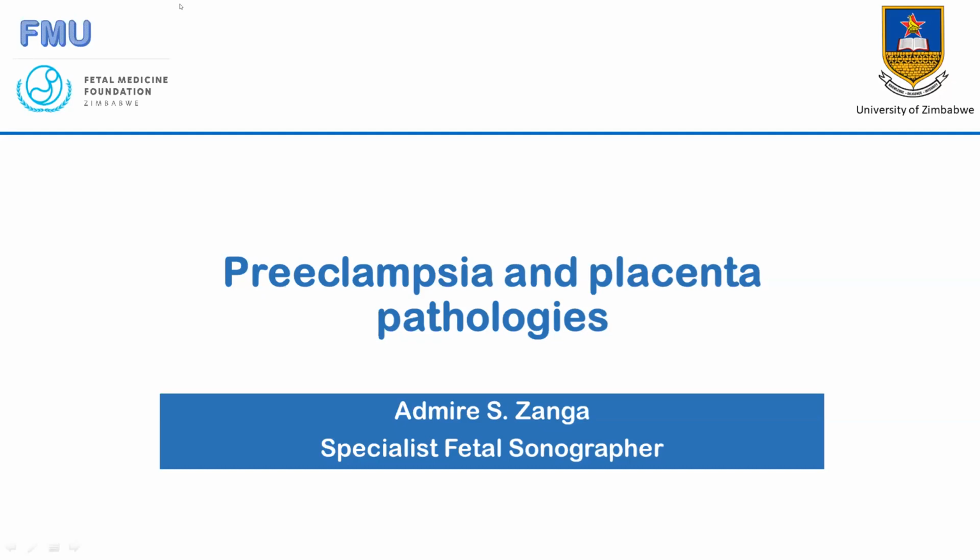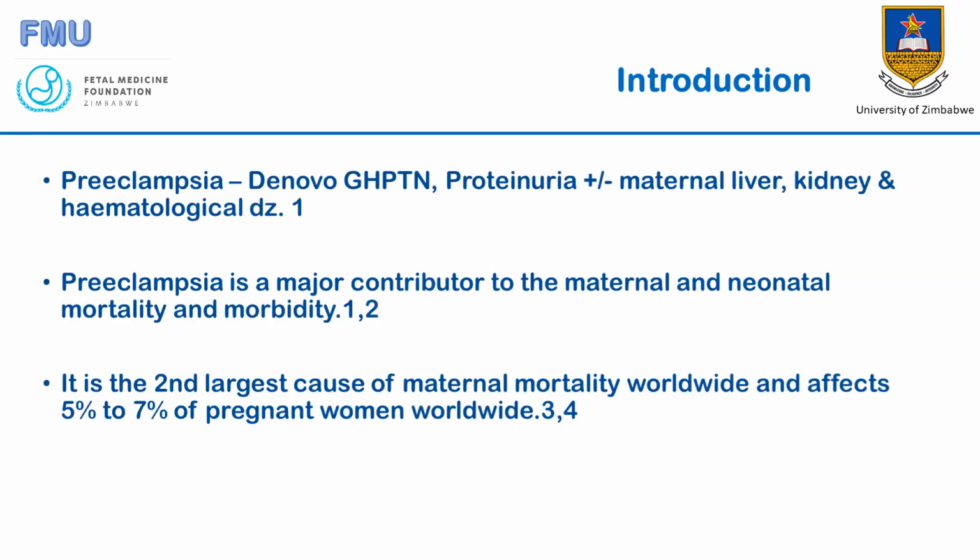Just to preach to the converted, I'll recap what preeclampsia is, which is de novo gestational hypertension after 20 weeks of gestation, accompanied by proteinuria, as well as sometimes maternal liver, kidney or hematological disease.